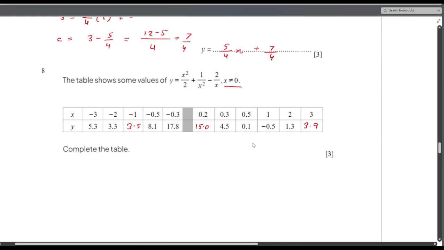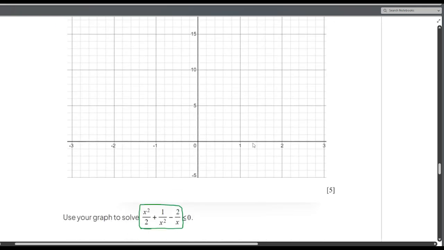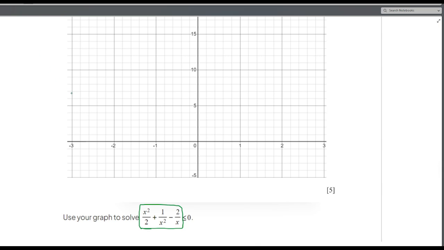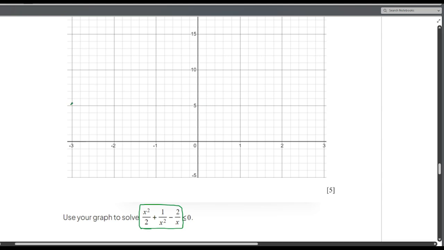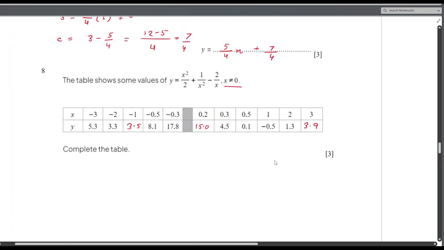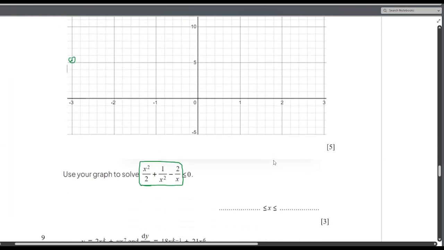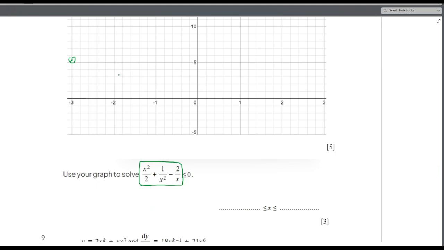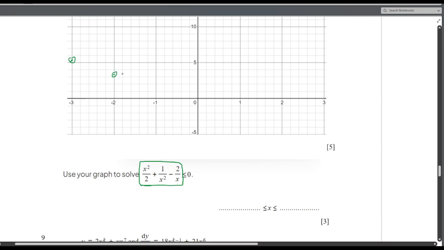For minus 3 it is 5.3. So this is 5. From 5 to 10 I have 5 divisions, so it is 5, 6, 7, 8, 9, 10. Approximately 5.3 I will mark on the graph paper. So this is one point. The next point is 3.3, somewhere here.